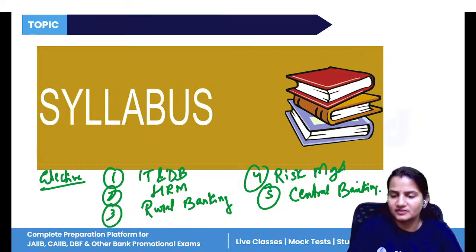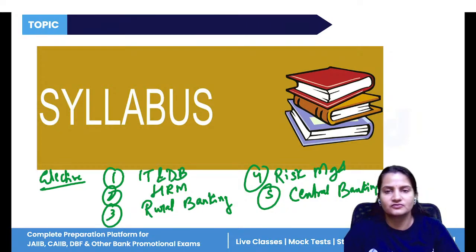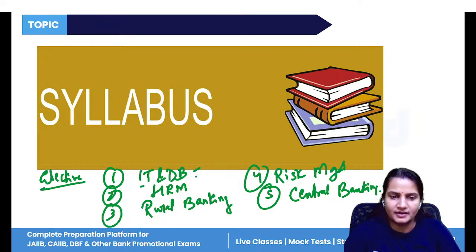Five elective papers are provided to you, and you have to choose one paper according to your convenience. In whichever paper you feel comfortable, you can choose that paper. Like if you have any experience related to a technological field, then you can go for IT and digital banking. If you are a management student, or if you have interest in the theoretical part, then you can choose HRM.